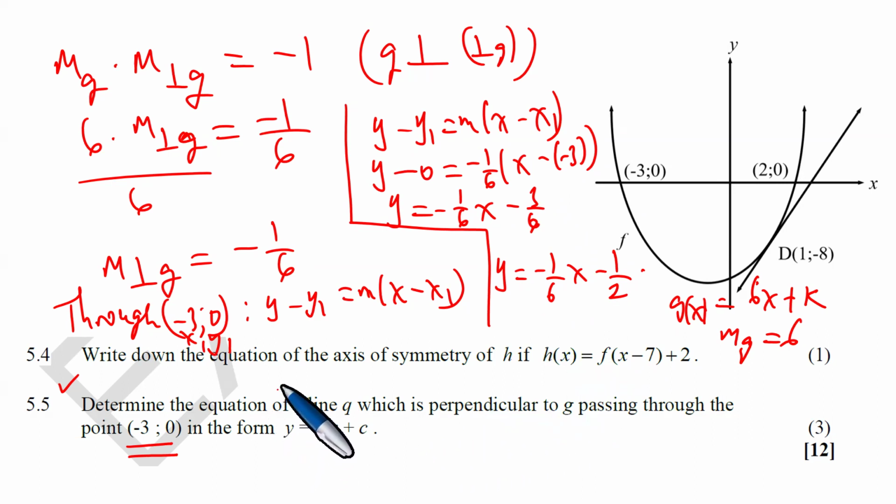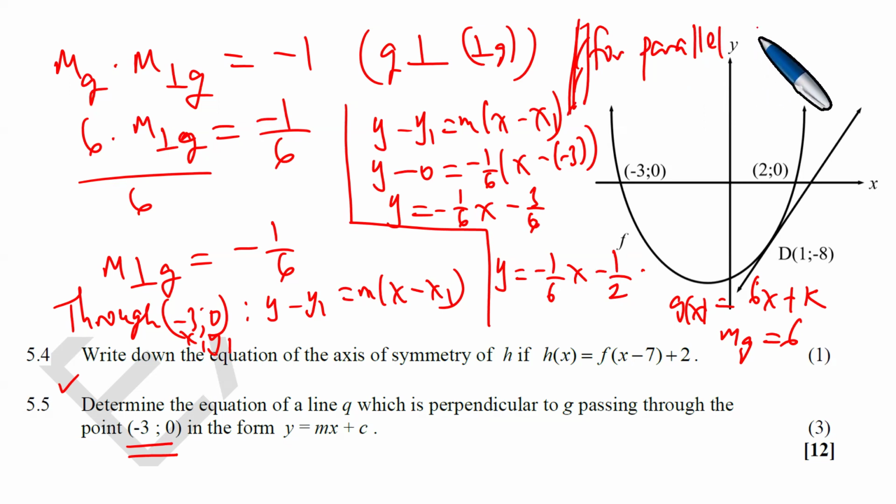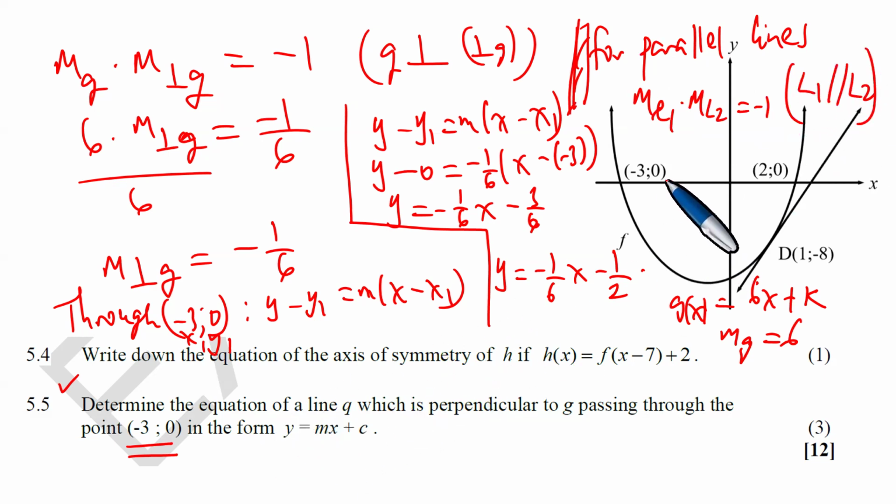Now what have we done here? We used the fact that if two lines are perpendicular to each other, then the product of their gradients equals -1. But for parallel lines, guys, the gradient of line 1 equals the gradient of line 2.